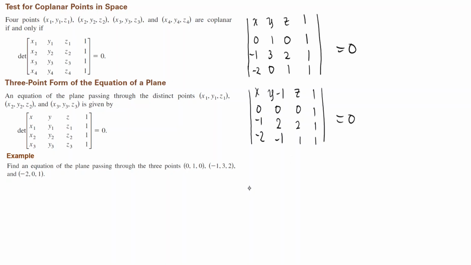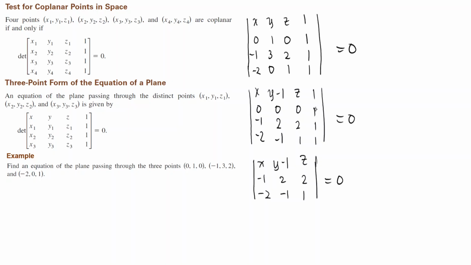So we will have positive 1, and then when we delete this column and row, we write down the remaining matrix. So that's x, y minus 1, z, -1, 2, 2, -2, -1, 1. Now again, take note, we don't have these numbers there because we just use the sign pattern. So this corresponds to the negative sign here, this position.